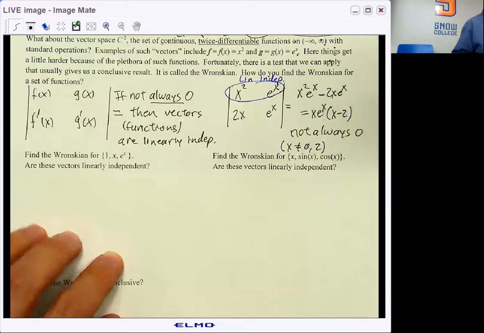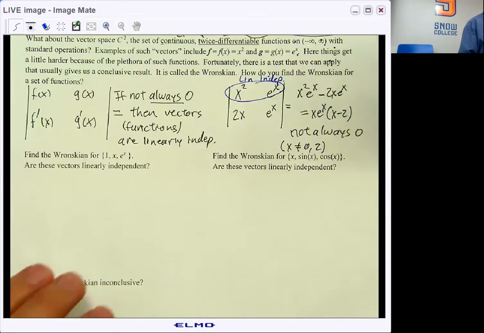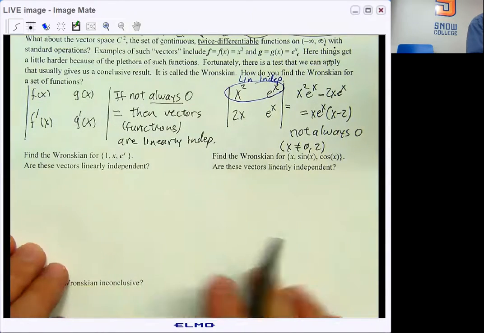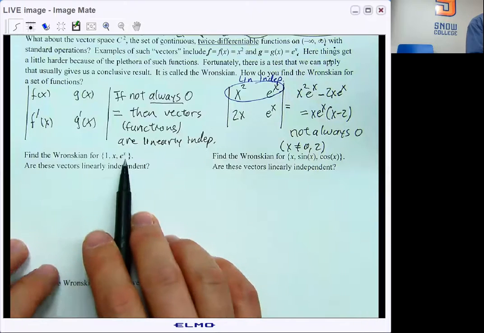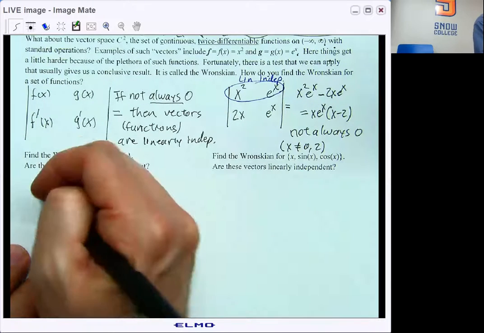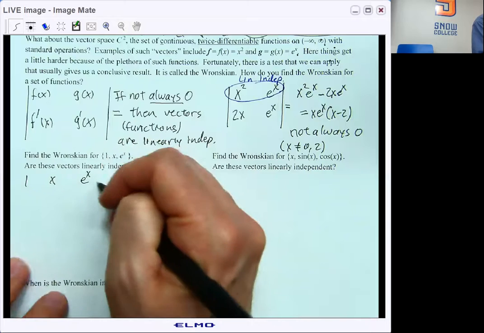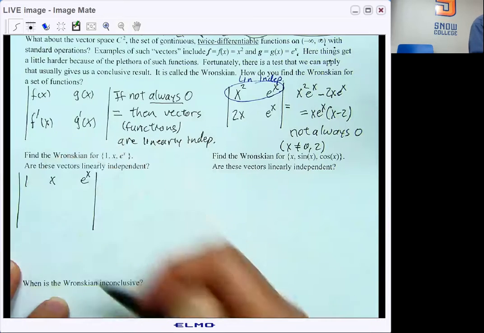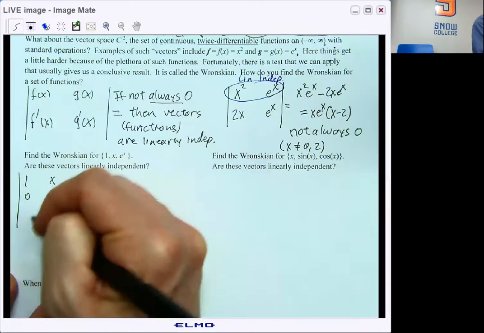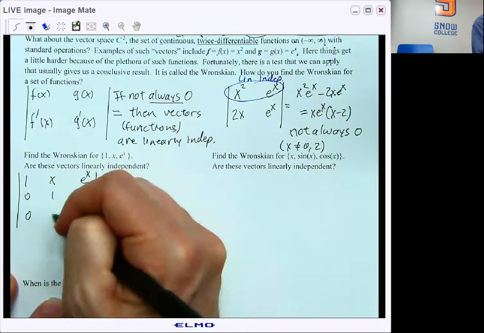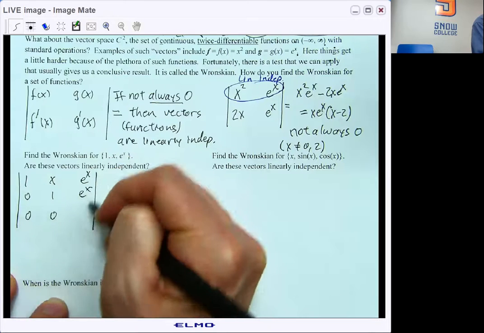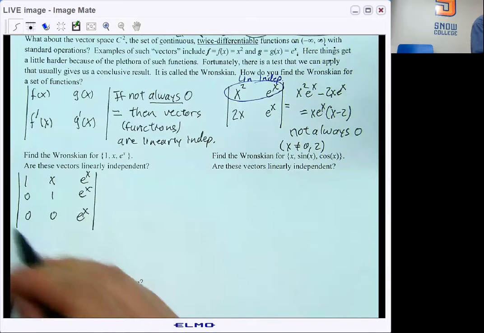Okay, what about for 3 vectors? Well, find the Wronskian for 1, x, and e to the x. Let's do this one together. So 1, x, e to the x, and we're going to make a determinant out of them. We need to do some derivatives, and we'll do enough derivatives of the functions so that we have a square matrix.